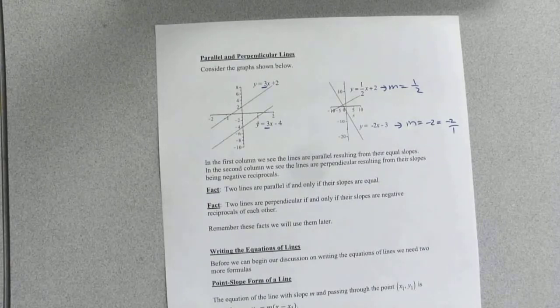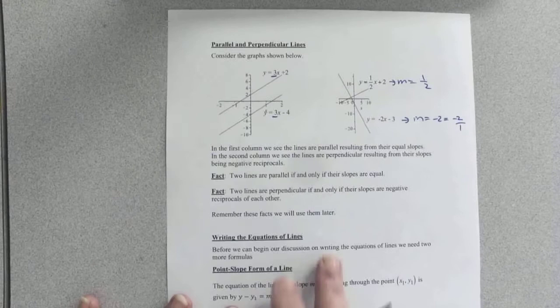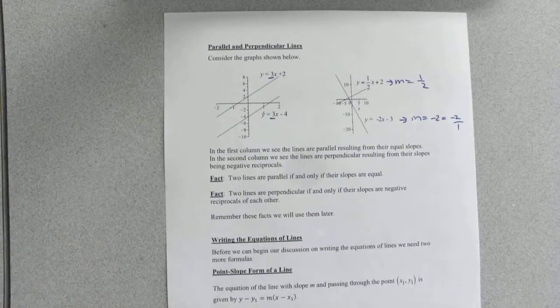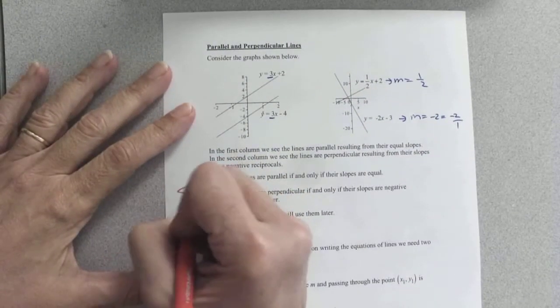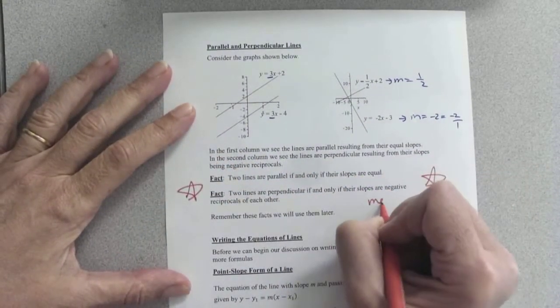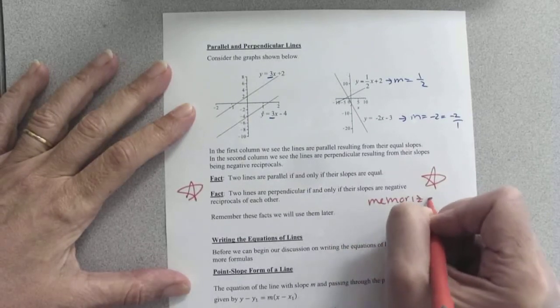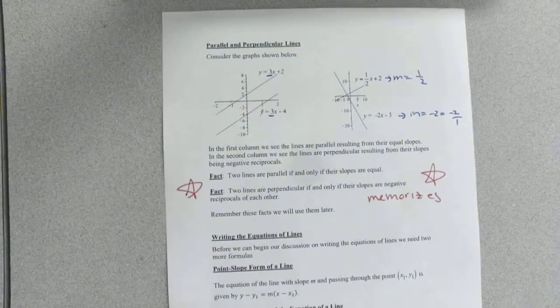What we mean by negative reciprocals is the numbers are flipped from each other, and one's positive, one's negative. These guys are perpendicular, and that's our fact there too. Two lines are perpendicular if and only if their slopes are negative reciprocals of each other. You should memorize these two little facts. They will come up later.